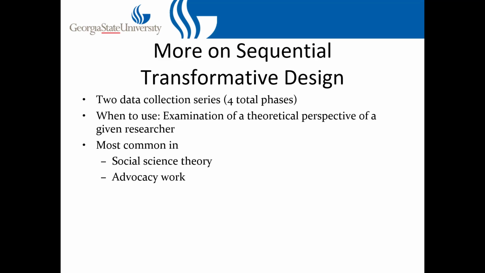So we're going to see this is really common in social science theory, and it's also very common in advocacy work. So back to those applied sociologists who study a specific group of people in the population with the intention of advocacy work. We see that they use a lot of sequential transformative designs.